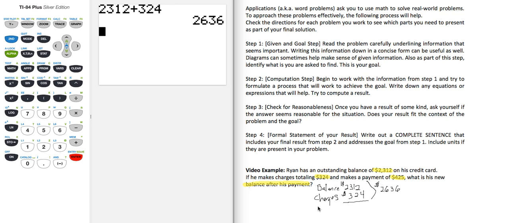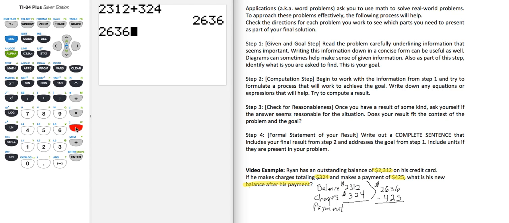Now he makes a payment of $425, so I'm going to subtract $425 from the charges.